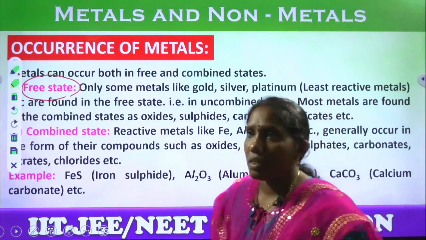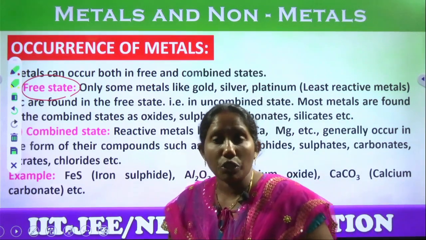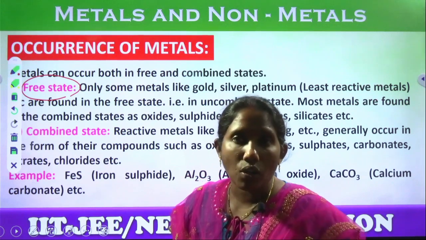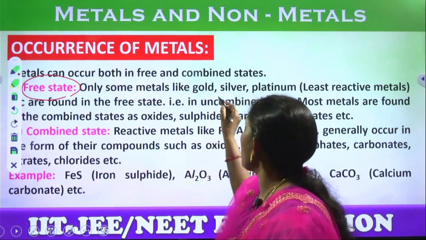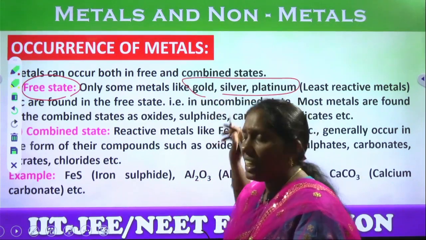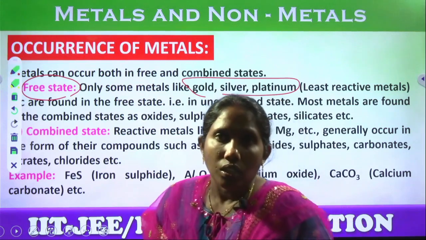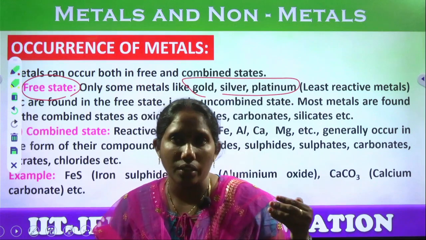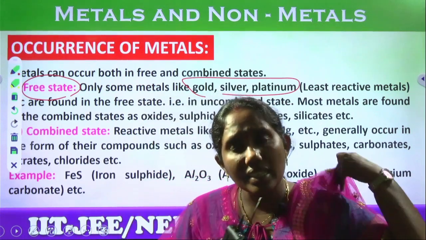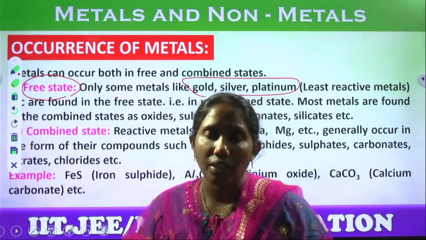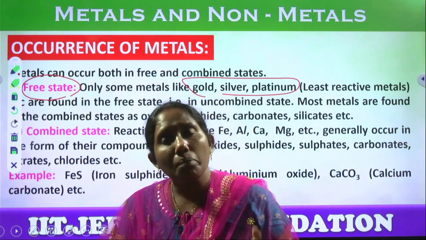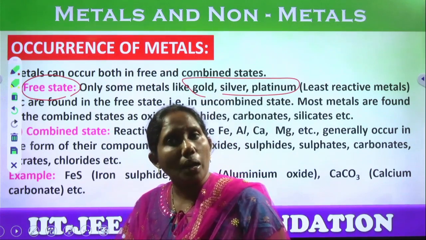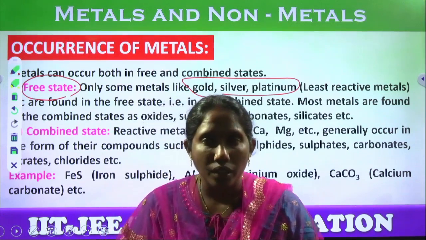Some metals, like gold, which we use for ornaments, silver and platinum, are very least reactive. They will not react with other elements. Inert gases will not react with anyone, but these metals can react, though they are very least reactive when compared with the others.